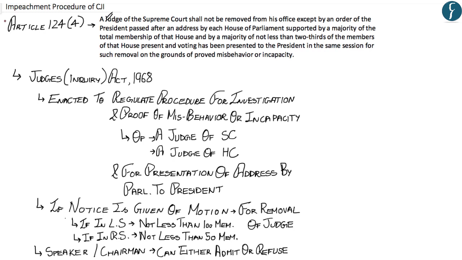Now, hopefully, up till here, you have understood that the impeachment procedure of the Chief Justice of India is the same as the impeachment procedure of a judge of the Supreme Court, which is provided under Article 124, Clause 4 of the Constitution of India.